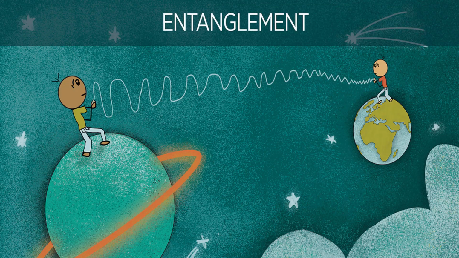The next behavior is entanglement. It is very difficult to visualize, or even to intuitively understand how entanglement works. As a quantum property, it takes objects and connects them permanently, entangling them together.